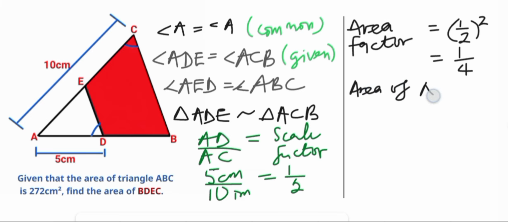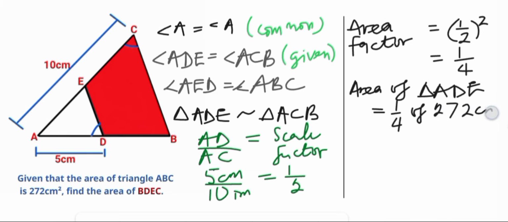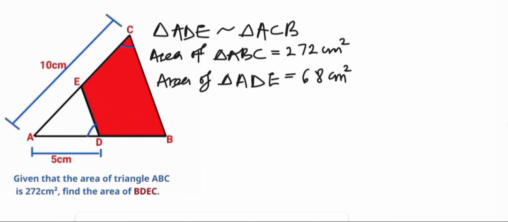So area of triangle ADE is a quarter of the area of the bigger one, triangle ABC, 272 centimeters squared. So the area of the smaller triangle is 68 centimeters squared. The red area is the difference between the areas of these two.